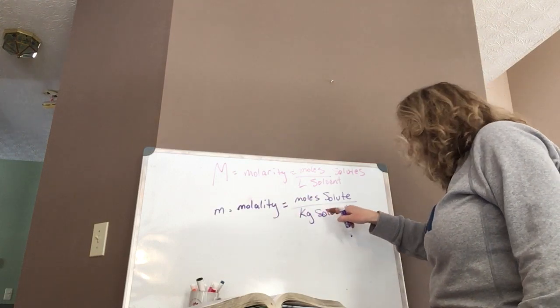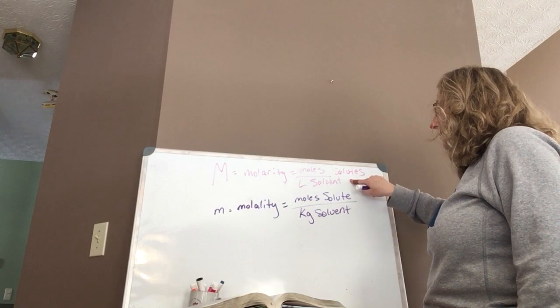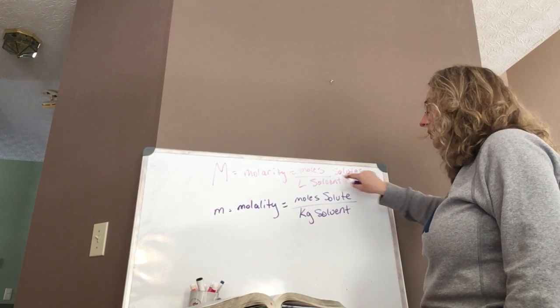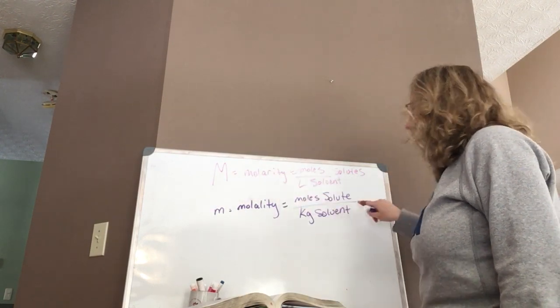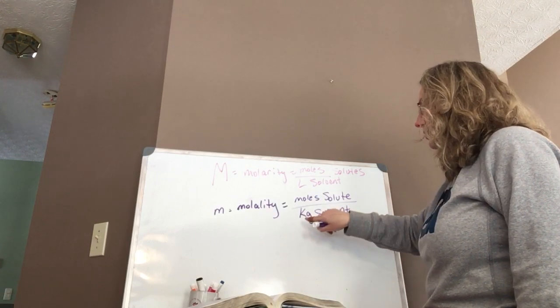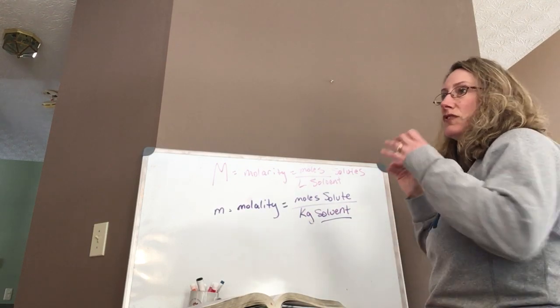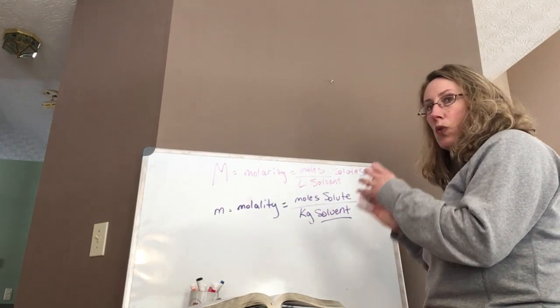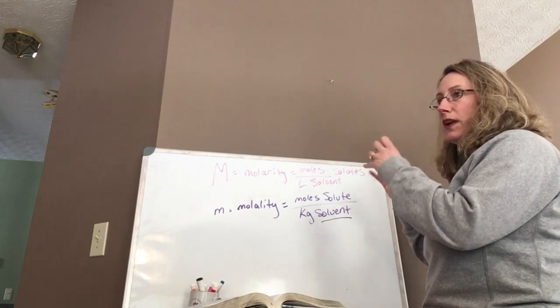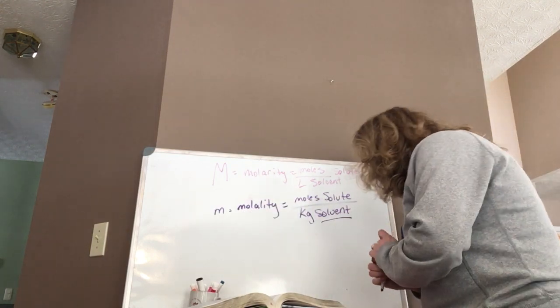The top in both is moles, but if you're talking about liters or milliliters, it's molarity, capital M. If you're talking about weights, grams, kilograms, you're going to be doing kilograms of solvent. It's not the whole solution, it's just how much solvent you have, how much water or alcohol or whatever liquid you're putting it into, and that's going to be your molality.